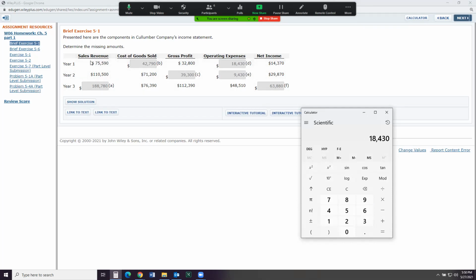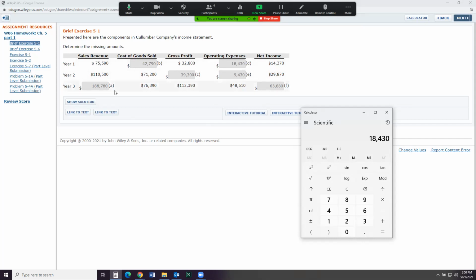On the second one, I know my revenue, I know my cost of goods sold, and I know my net income. So revenue minus cost of goods sold will give me the gross profit. And then gross profit minus operating expenses is net income. So gross profit minus net income will give me the operating expense, is how I would do that one. Last one, it gives me cost of goods sold, gross profit, operating expenses, and I need to find net income and sales revenue.